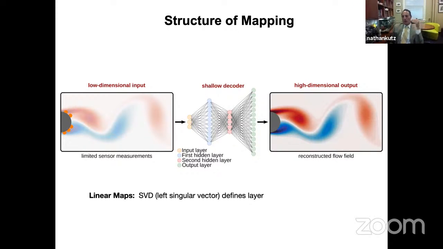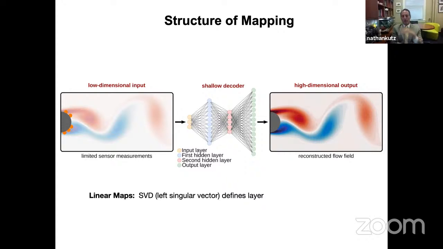You start with measurements and go to the state space. What you need here is a set of training data to do this. We're going to have input layers on the left, and just a couple of hidden layers. We call this a shallow decoder because this is not a deep neural net. This is very shallow. It's basically a big pipe out to the data.